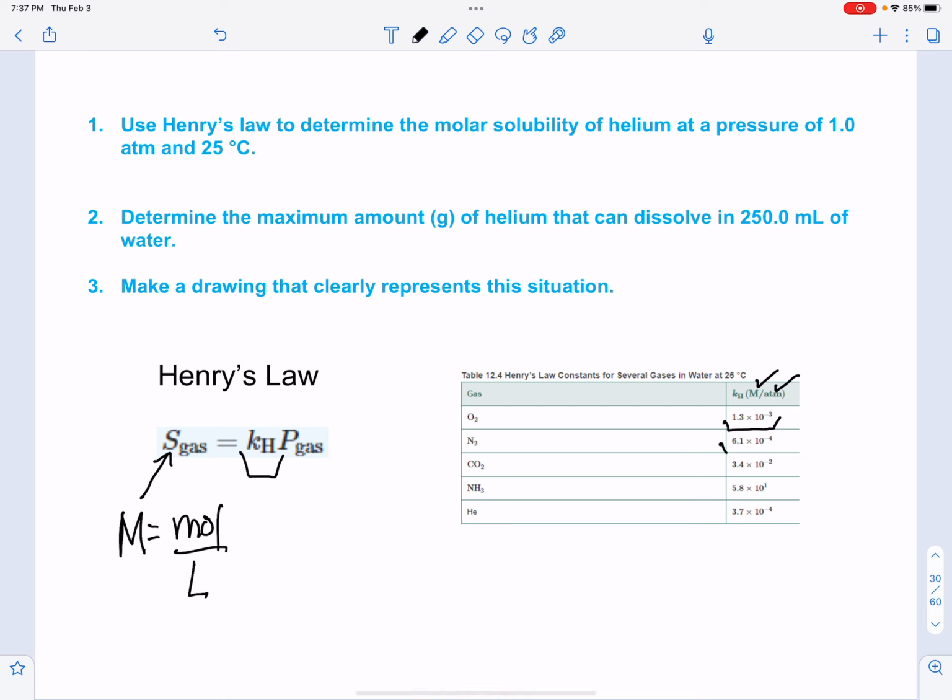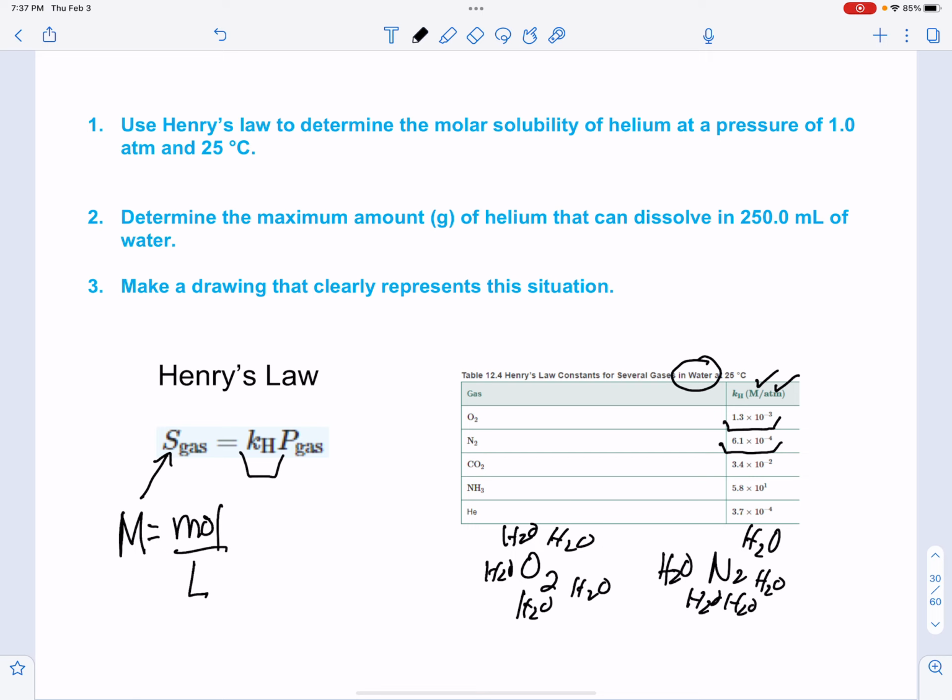For nitrogen, it's smaller. And let's analyze this. So this is happening in water. If I have oxygen surrounded by water, compared to nitrogen surrounded by water, because we're talking about solubility, it's telling me that it's going to be easier for the water to retain the oxygen.